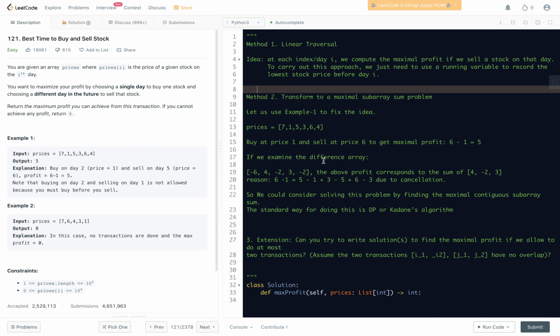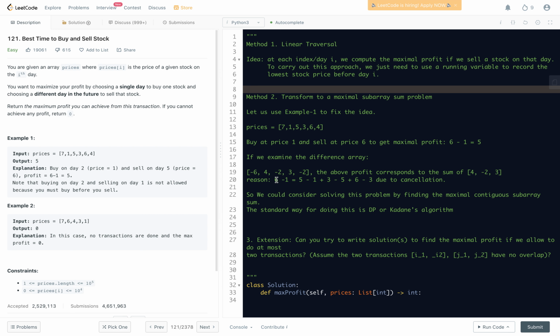Now if we examine the difference array, we get 1 minus 7 is negative 6, 5 minus 1 is 4, and so on. So we get negative 2, 3, and negative 2. Negative 2 is 4 minus 6. The above profit corresponds to the sum of 4, negative 2, and 3. This is the maximal sum subarray.